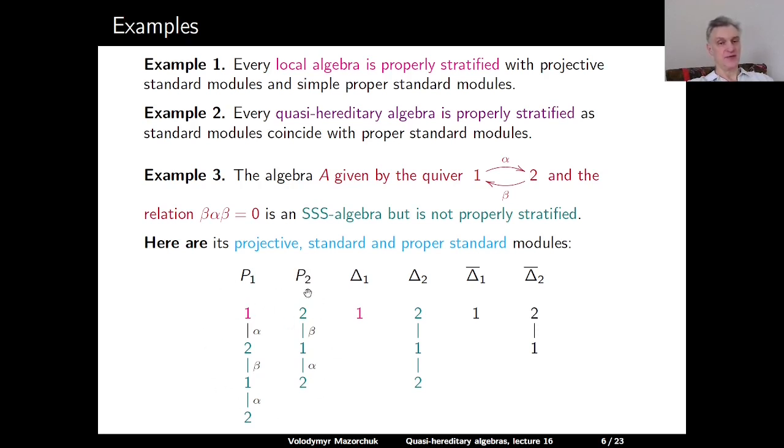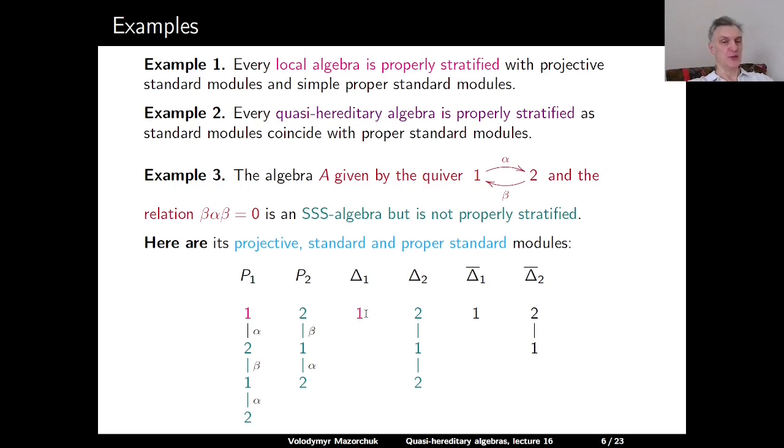By definition, since 2 is greater than 1, the standard module delta 2 is the projective module P2. If we take P1 and kill all the occurrences of 2, what remains is just the simple module L1, so delta 1 is L1.